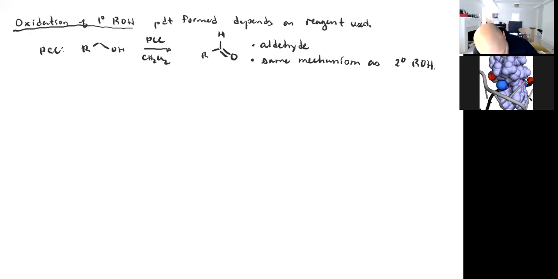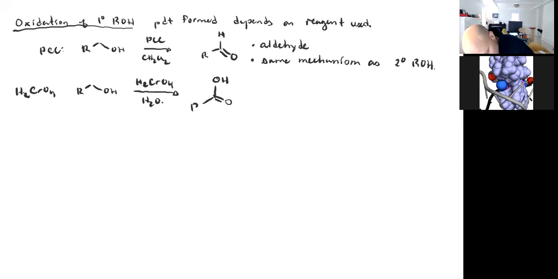The difference is with chromic acid, H2CrO4, with a primary alcohol. This gives you a distinct product known as a carboxylic acid. So I now have a carbonyl, but with an OH attached.